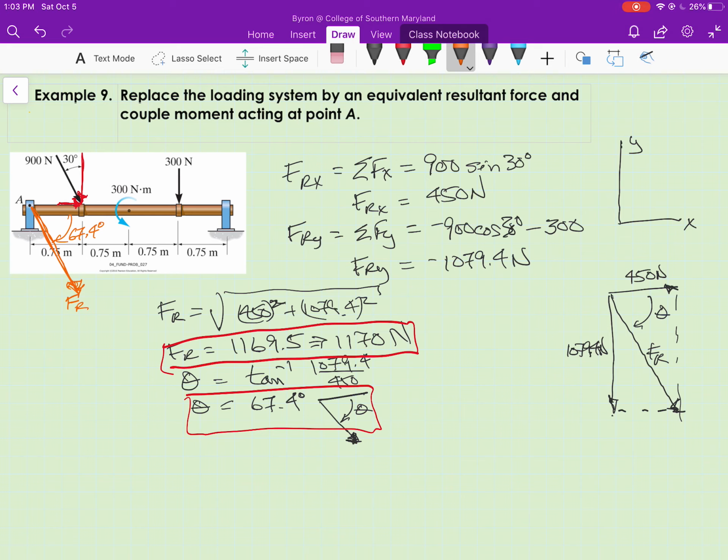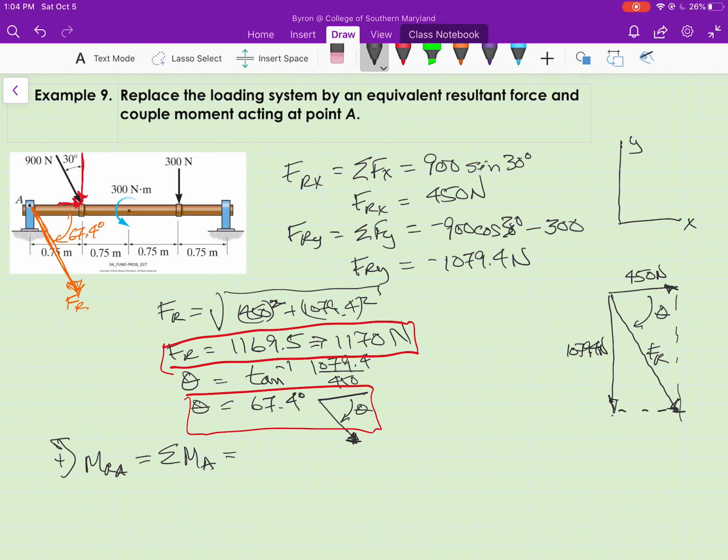Now I'm going to calculate the resultant moment about A. And here's where I will account for the moments created when I moved the 900 and 300 Newton forces to A and found their force resultant. So let's look at the 900 Newton force first.